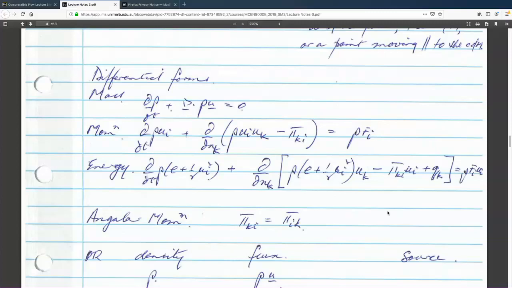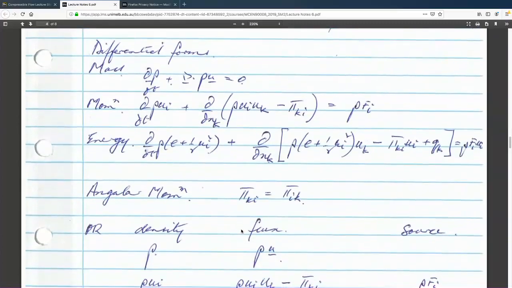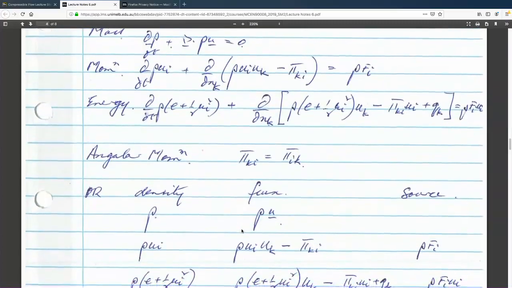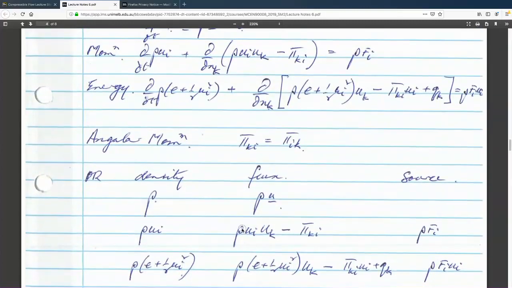So I have d dx_k of rho (e plus a half u_i squared) u_k minus pi_ki u_i plus q_k is equal to rho f_i u_i. And lastly, the angular momentum equation, you've seen that all that does for you is prove that pi_ki, or tau yx, is tau xy.